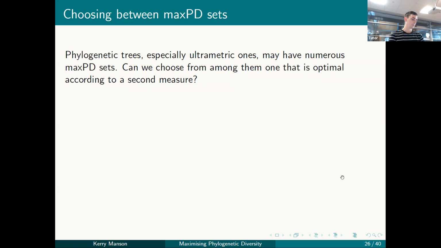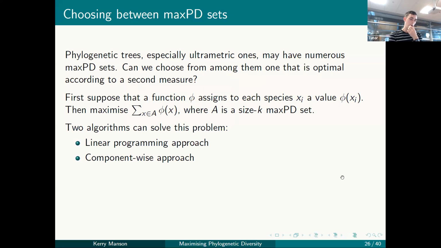And the way we approach this is we suppose that each species has been assigned a value from a function. And then we want to maximize the sum of these values across a size K MaxPD set.